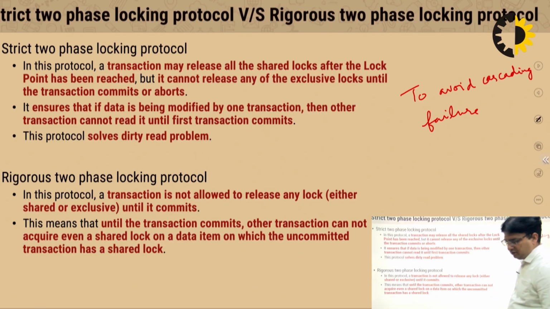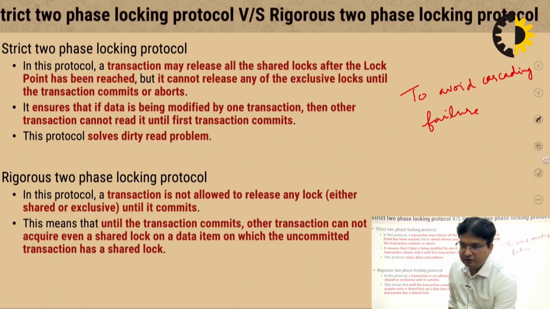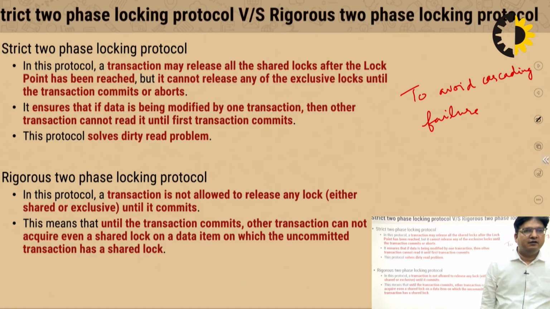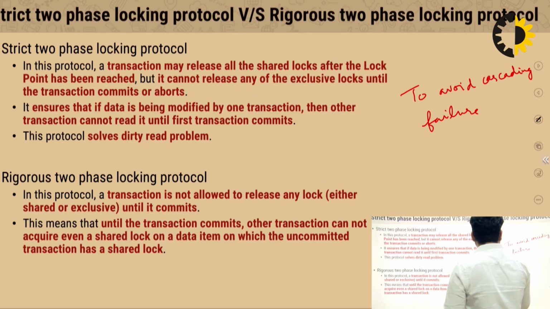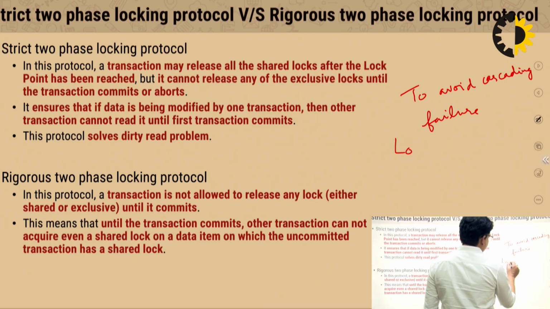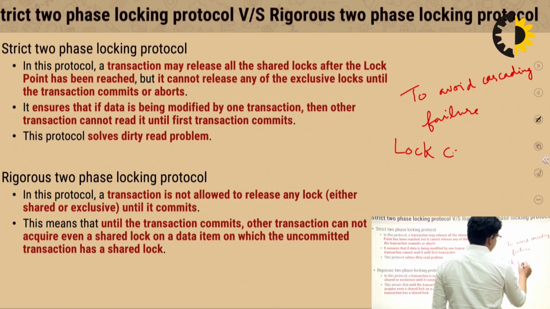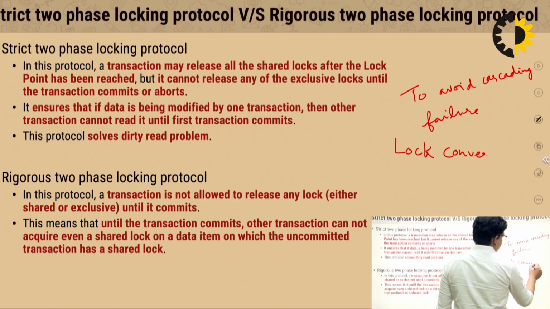Now, another thing that we can do is change a shared lock into an exclusive lock or an exclusive lock into a shared lock. That is known as lock conversion. Lock conversion means we are converting one type of lock into another type of lock. Now there are two types of lock conversion.